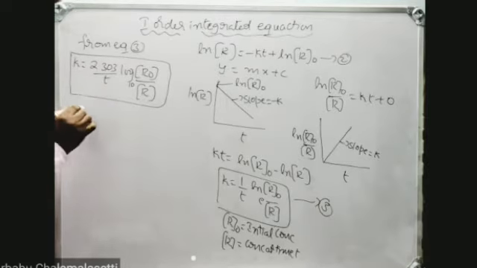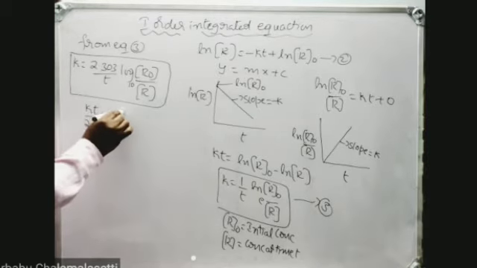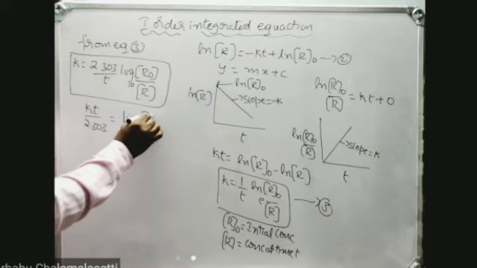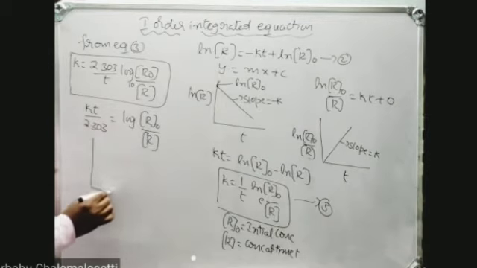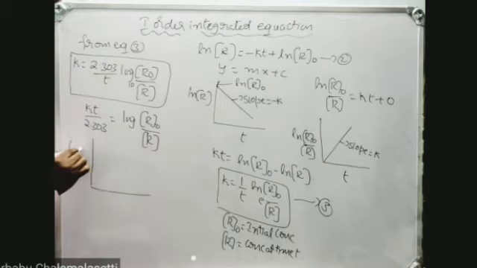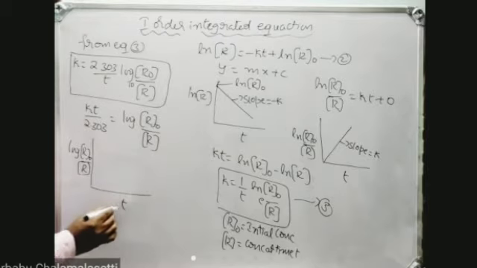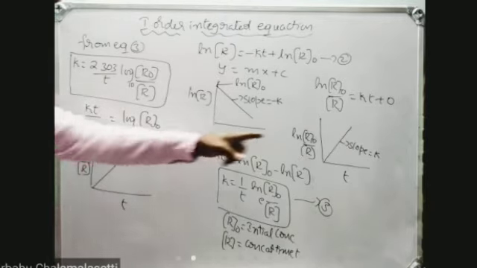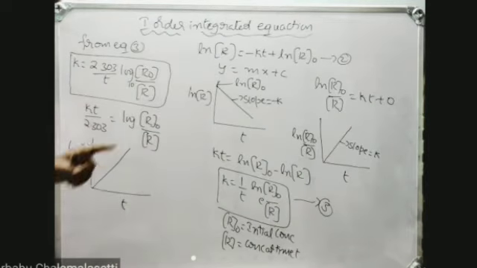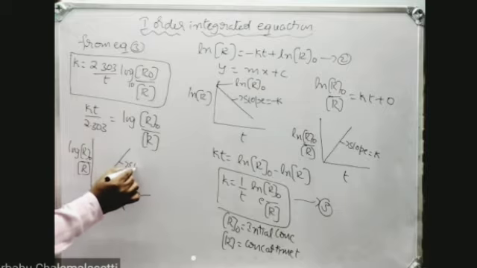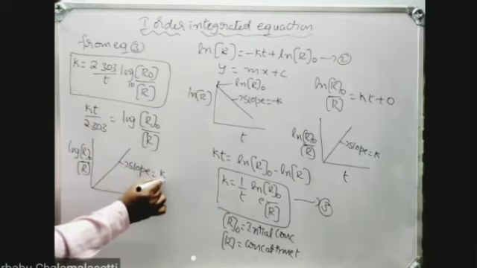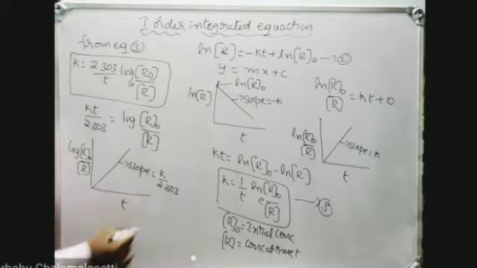Here kt by 2.303 is equal to log R naught by R. If a graph is drawn between log R naught by R versus t, again the graph is a straight line, because they are directly proportional, but here the slope is equal to k by 2.303.